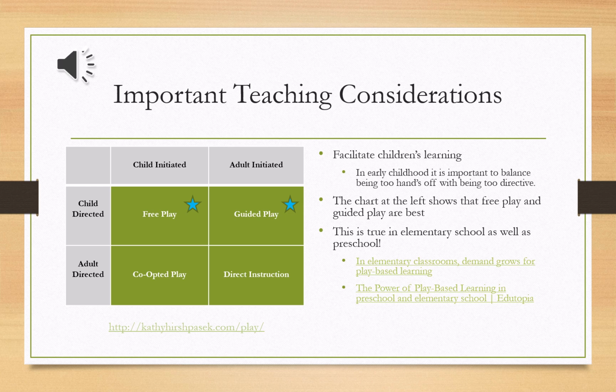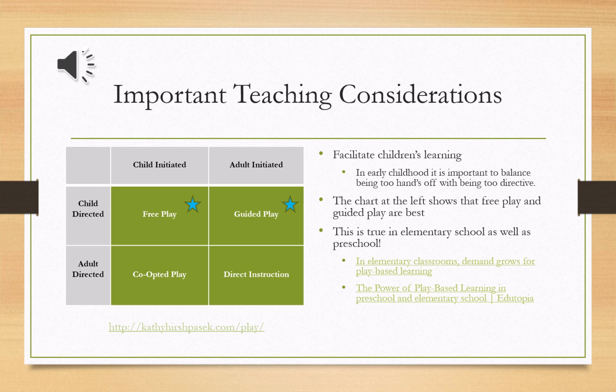Another example of adult-directed play that we want to limit or avoid is direct instruction. So this would be where an adult is setting up the activity and then telling children specifically what they should be doing while they are over playing with that particular activity and those materials.